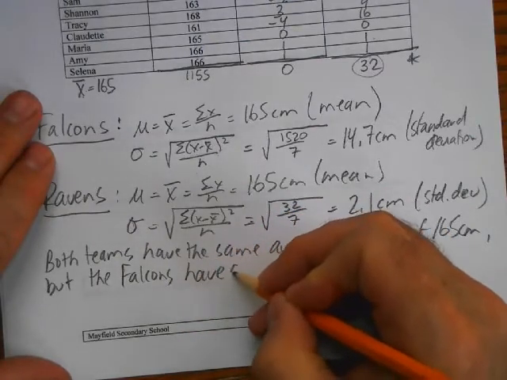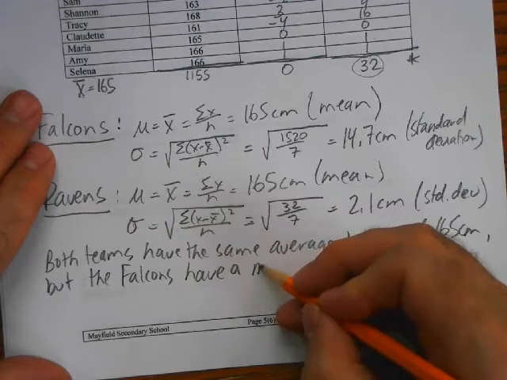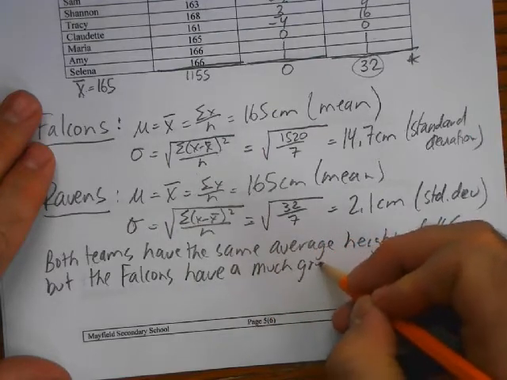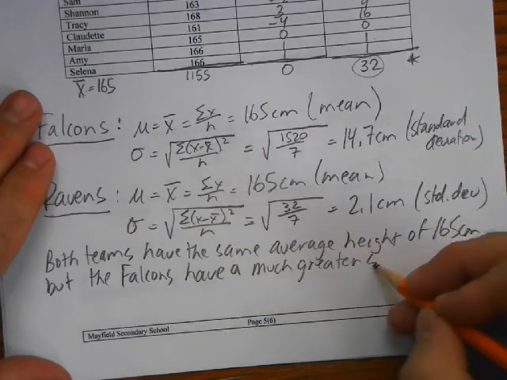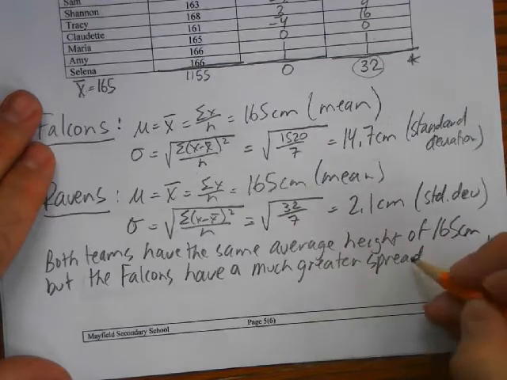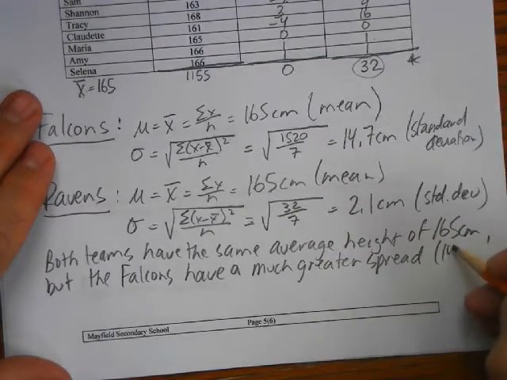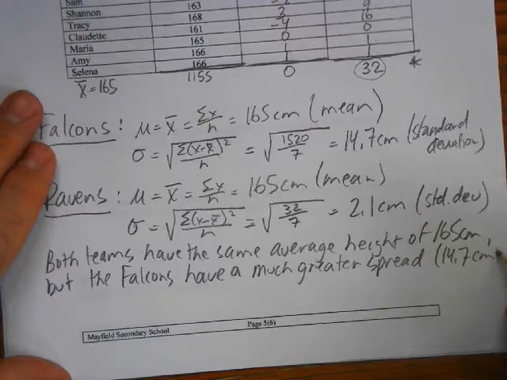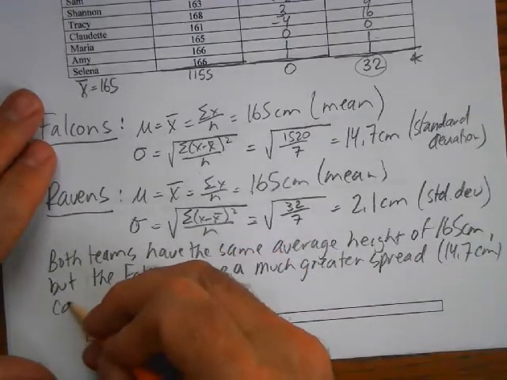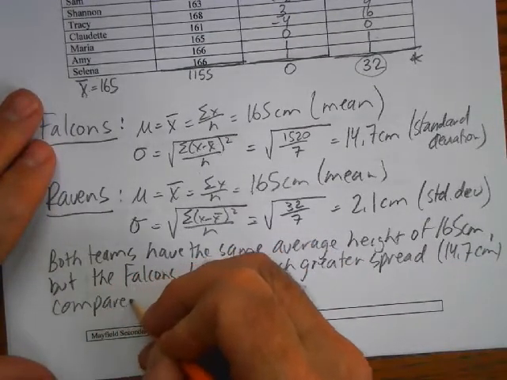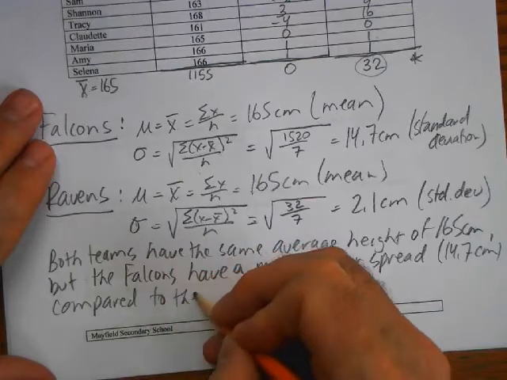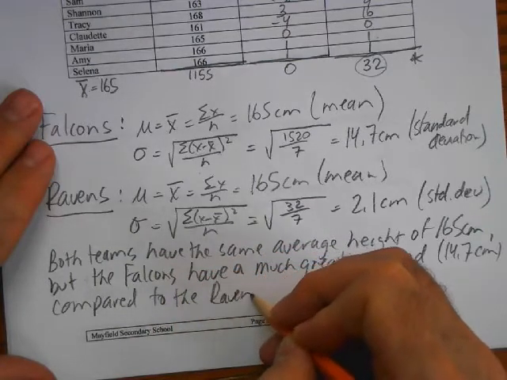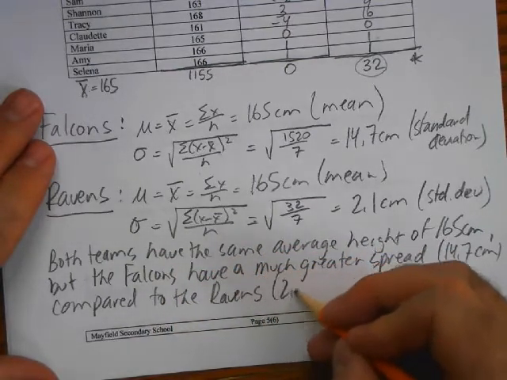Falcons have a much greater spread. 14.7 compared to the Ravens. And their spread was 2.1 centimeters.